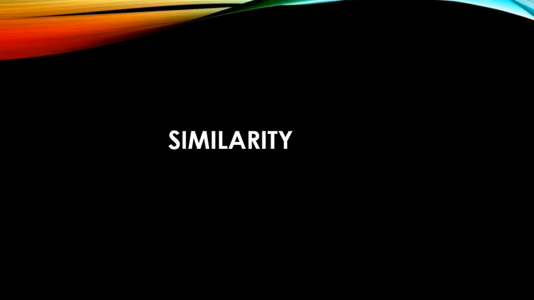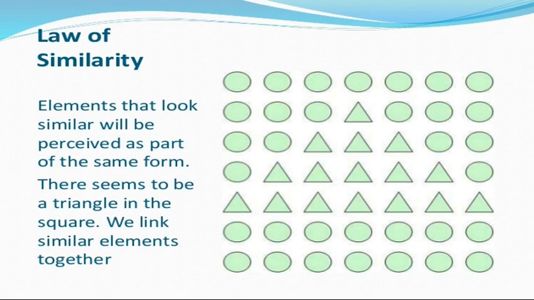The next perceptual law is similarity. The law of similarity says that elements that look similar will be perceived as part of the same form. There seems to be a triangle in the square. We link similar elements together. For example, looking at this picture, there is a triangle in the center of this square.